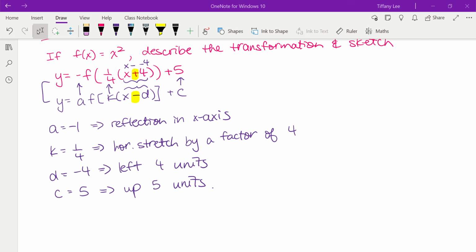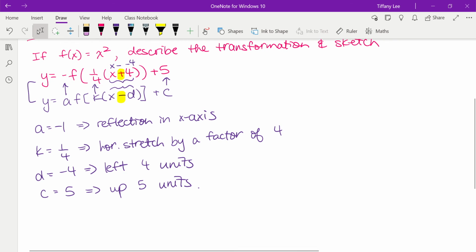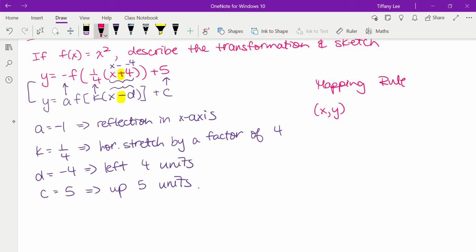Let's practice using our mapping rule. You can use the mapping rule for any transformed function, which is nice if you like to use an equation. So for the mapping rule, you take your original parent function and its original coordinates, your x and your y.